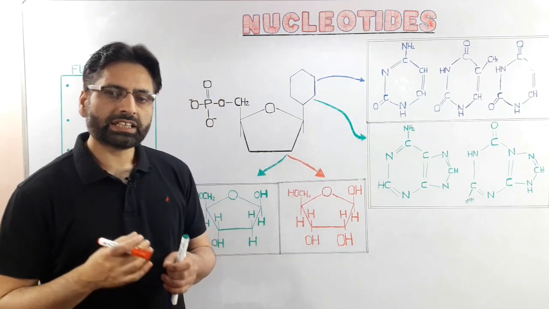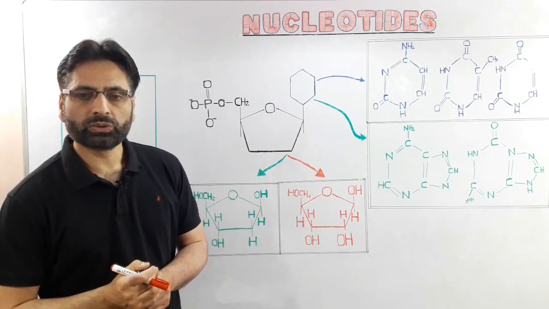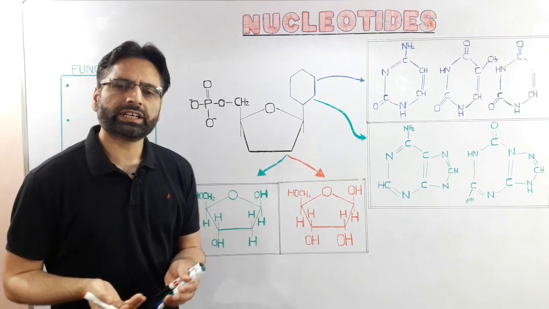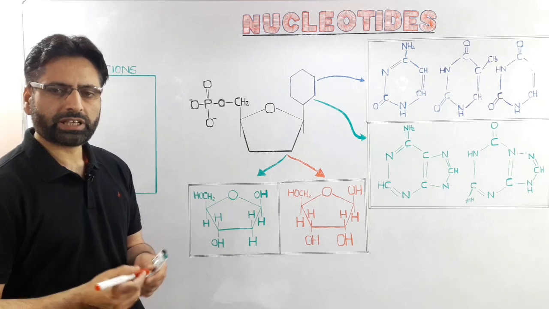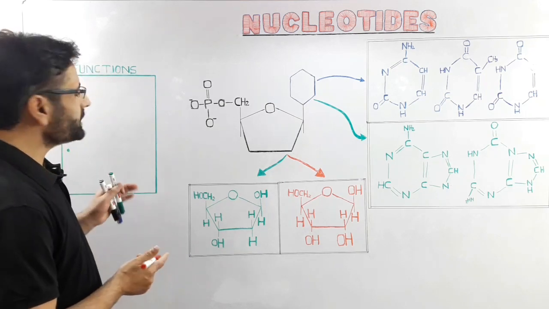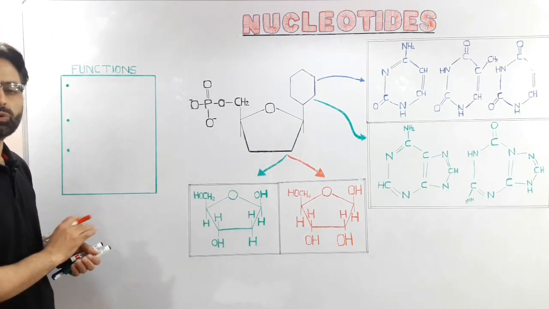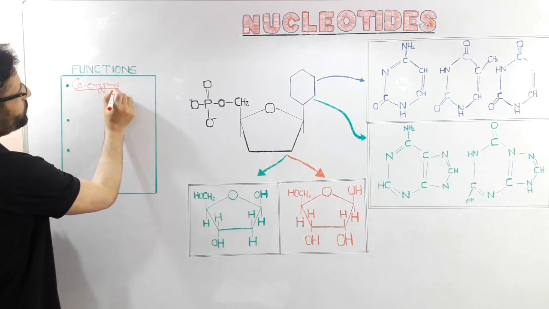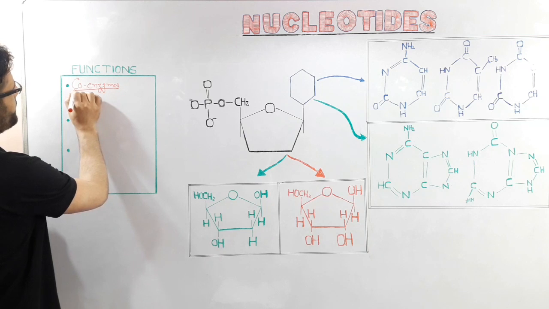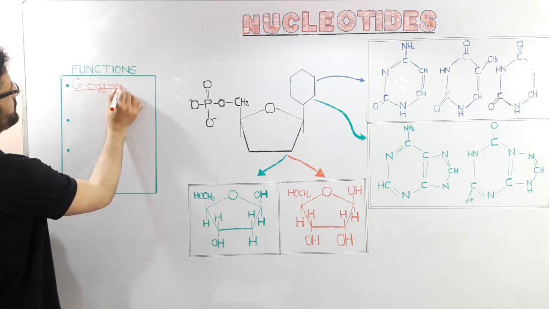Besides acting as the basic building block of nucleic acids, these nucleotides, when present in the cytoplasm, perform various functions. Accordingly, we have different functions associated with different nucleotide molecules. For example, in some cases nucleotides can act as components of coenzymes.